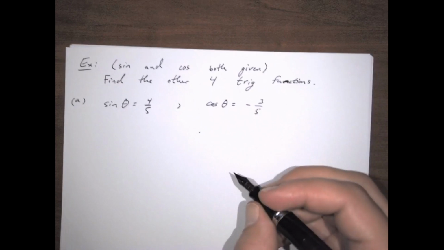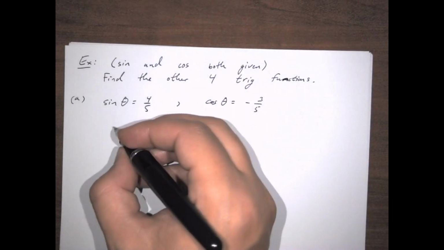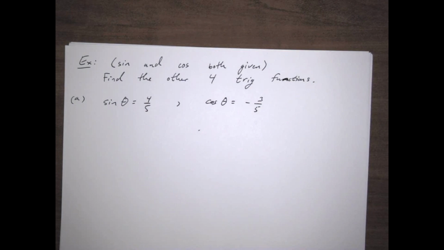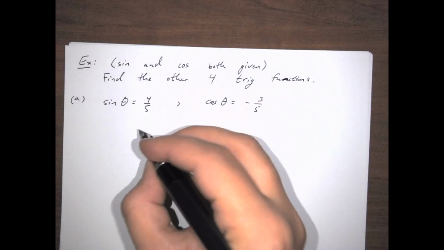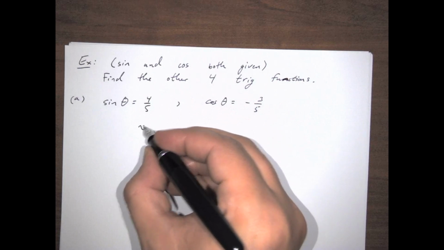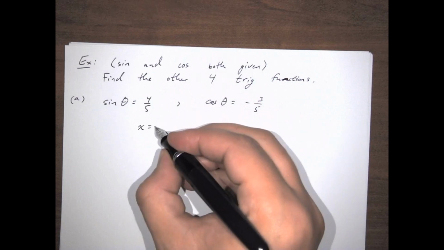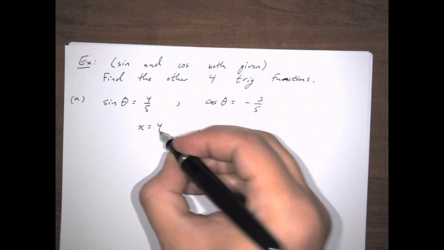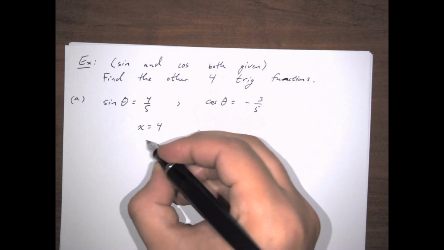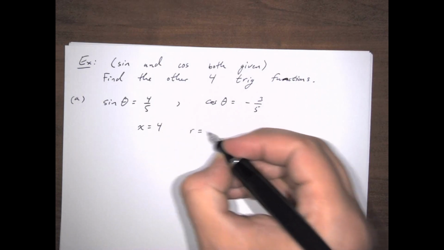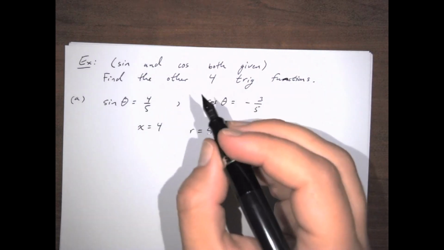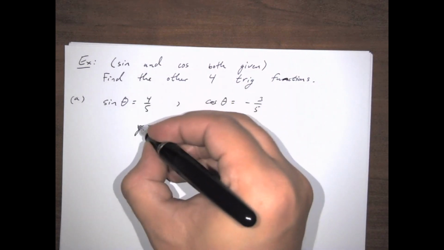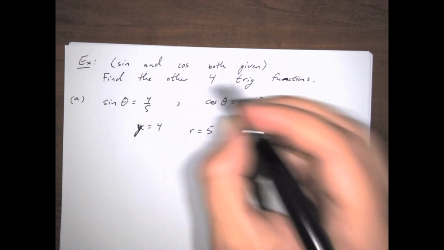So remember that sine equals y over r. Cosine equals x over r. So what we could do here is actually just go through the business of saying that x equals 4, r equals 5, y equals 4, just as I said.